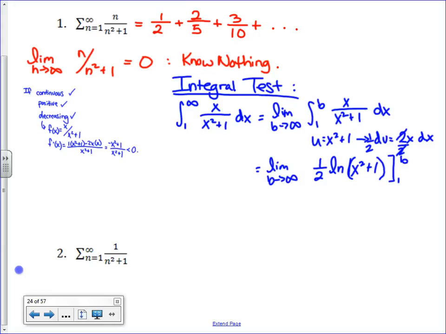Does this converge? Yes. Yeah, it's good. Where's b going?